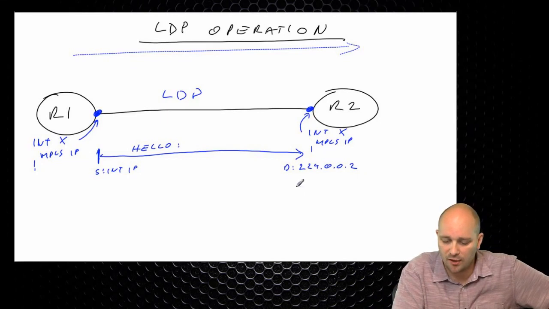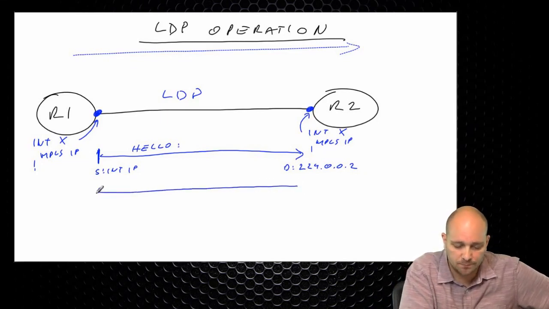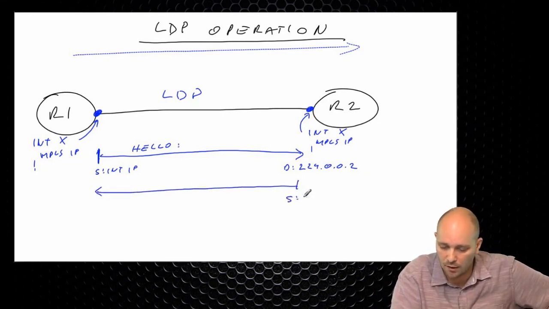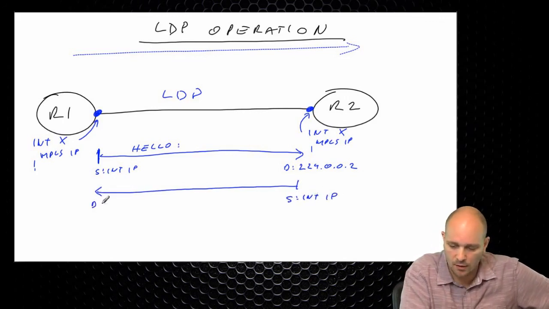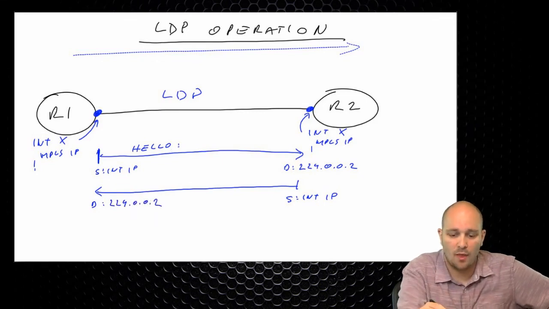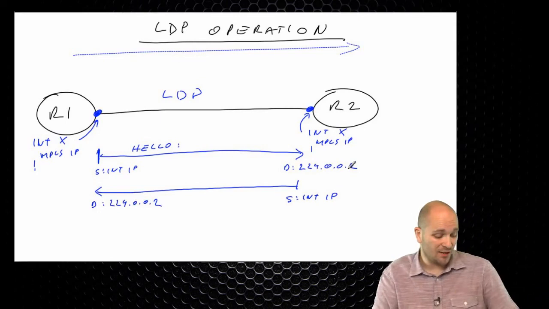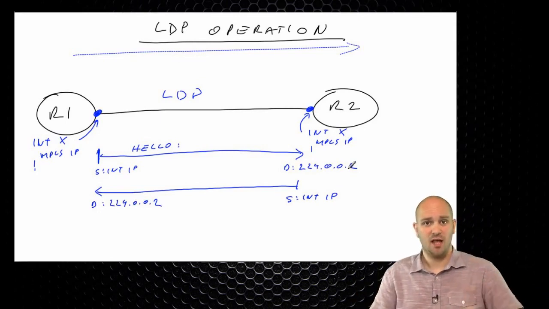Now, this router here also sends back hellos. The source here is the interface IP, and the destination is 224.0.0.2.